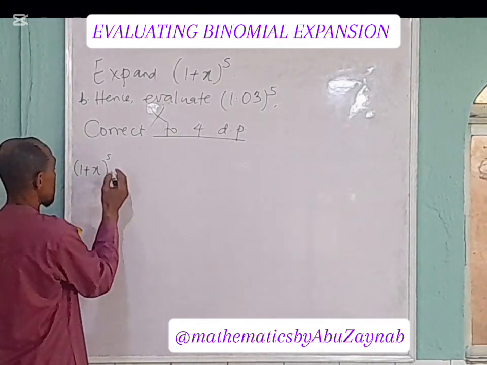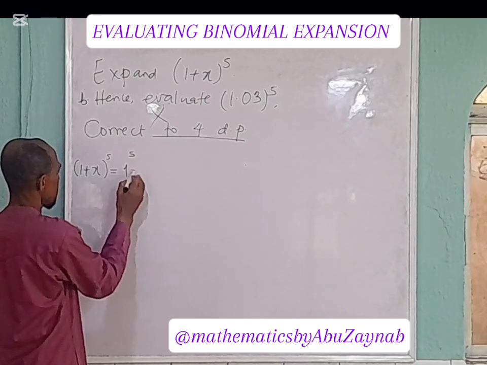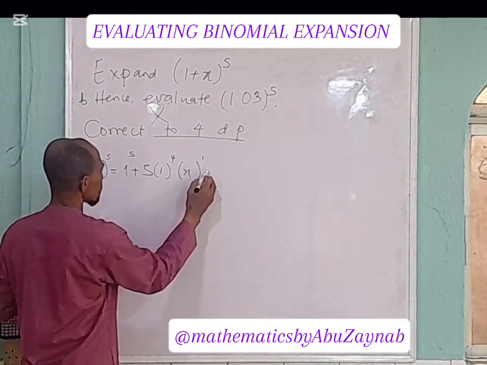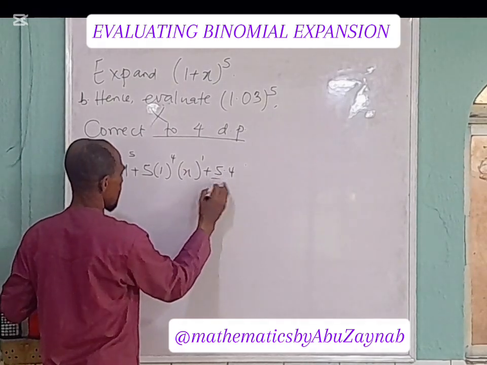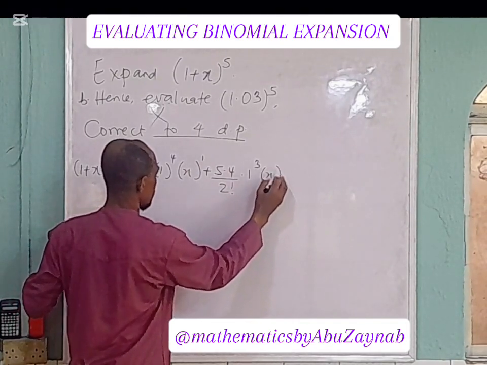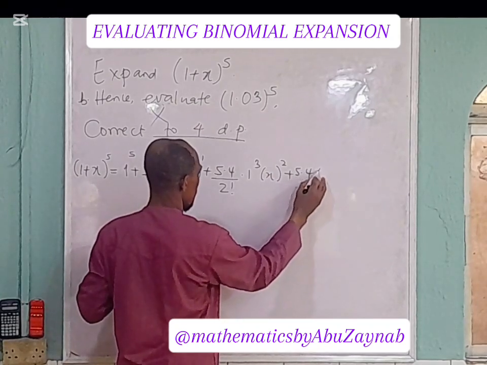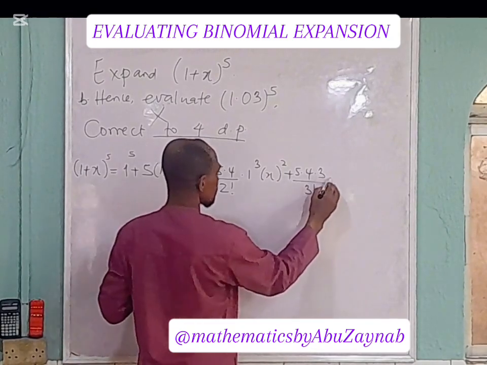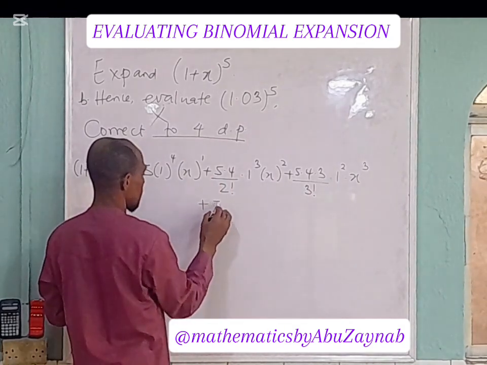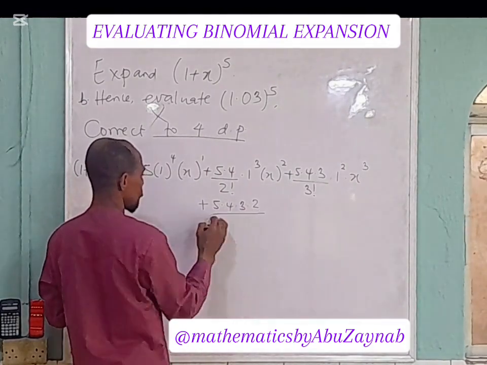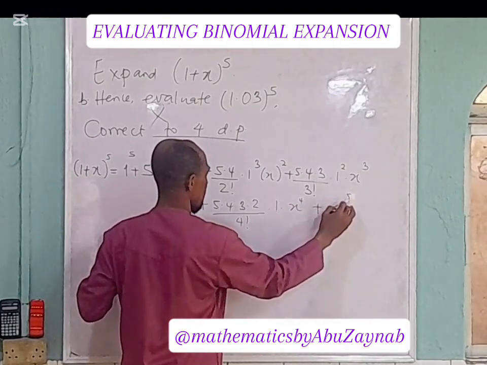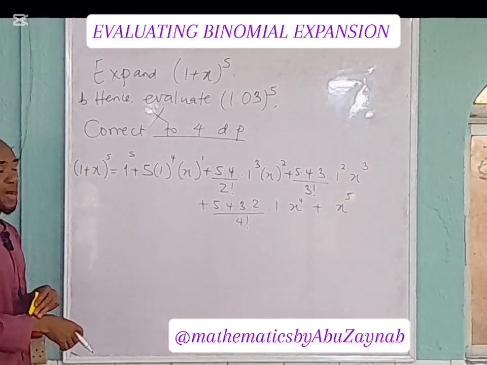So if I choose to use the binomial, I'm going to have 1 power 5 plus 5 times 1 power 4 times x power 1, plus 5 times 4 over 2 factorial, then 1 power 3, x power 2, then 5, 4, 3 over 3 factorial, 1 squared, x cubed, plus 5, 4, 3, 2 over 4 factorial, then 1, x power 4, and lastly just x power 5. This is the binomial expansion formula applied to this question.